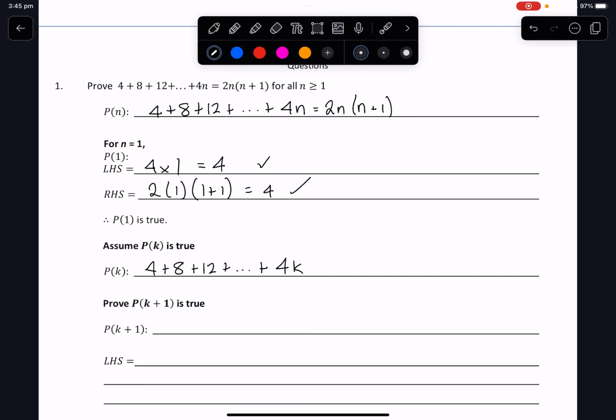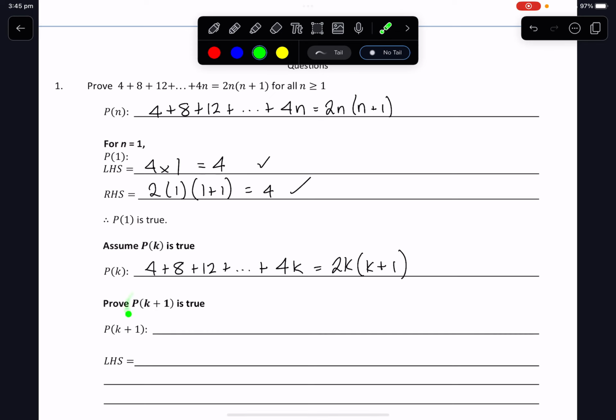I've substituted k in for n, which is equal to 2k times (k plus 1). All the n's have now just become k, and we want to assume that this is true. We're going to use this fact in our next part, so we're going to assume P(k) is true.